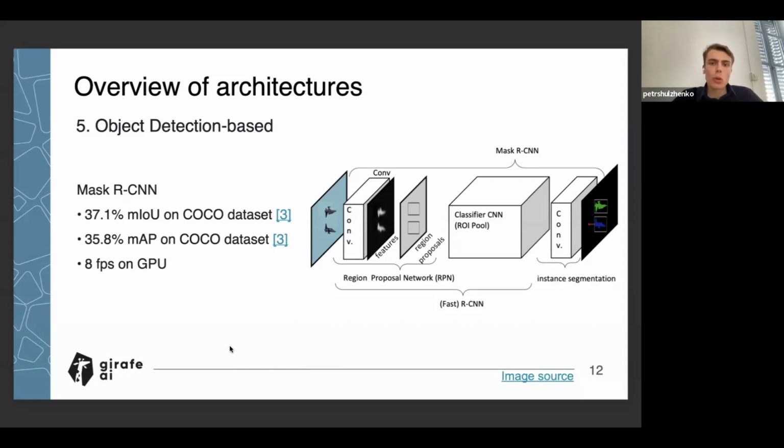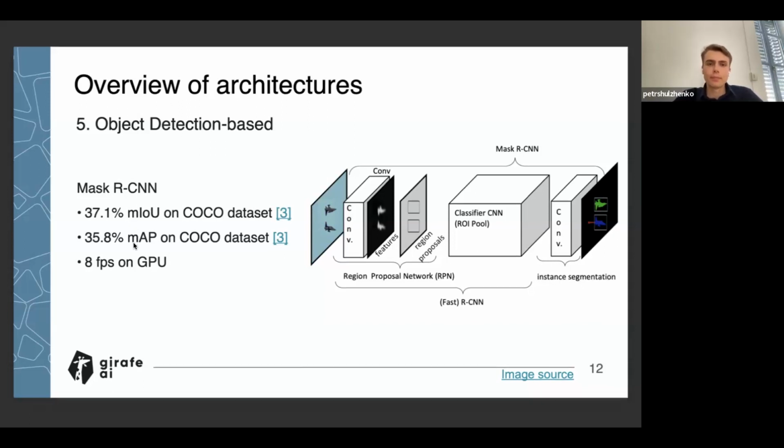The major problem with this approach is that we are limited in speed by the speed of Faster RCNN, which is actually something like 8 FPS on GPU, which isn't much, but it's an honest work. What can I say? The results are pretty good, so you have pretty good metrics.